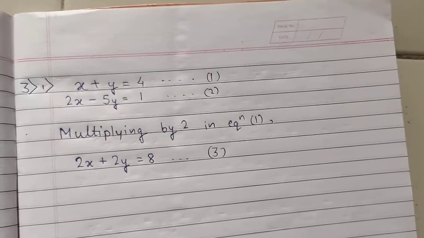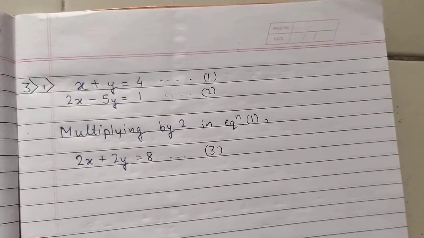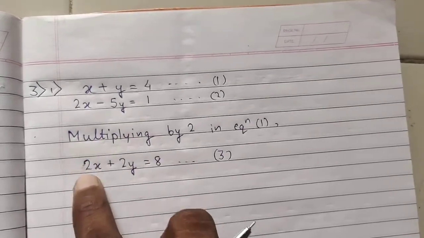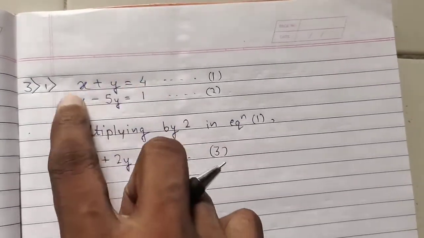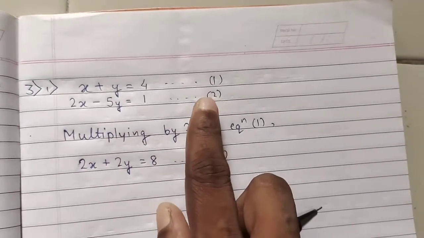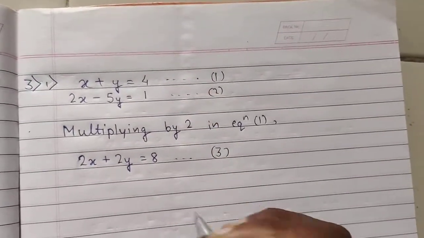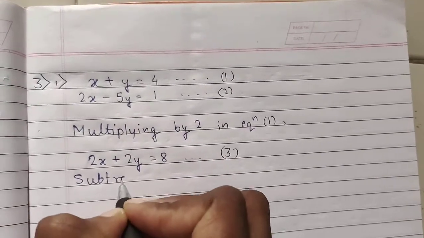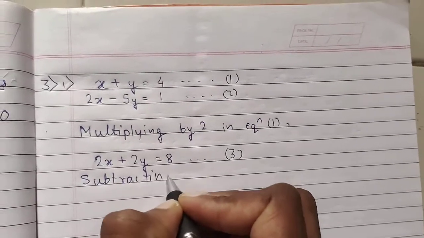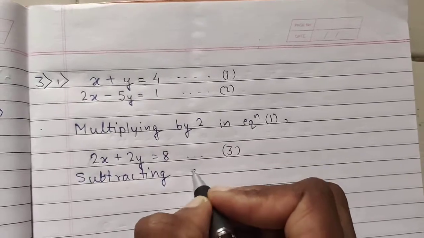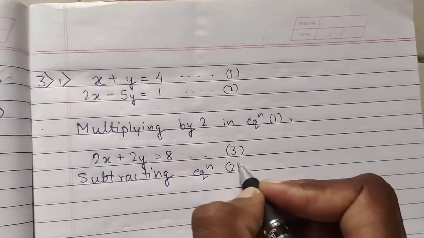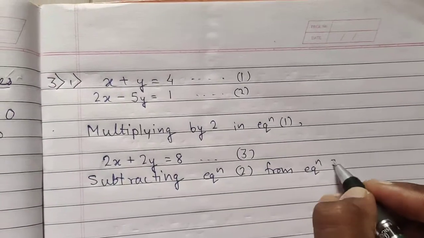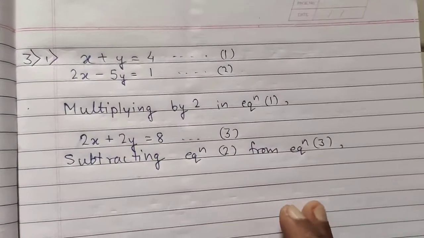Okay, so we will subtract equation 2 and equation 3, and you can see our third equation is a little larger as compared to the second equation, so we will subtract the second equation from the third equation. So, subtracting equation 2 from equation 3.